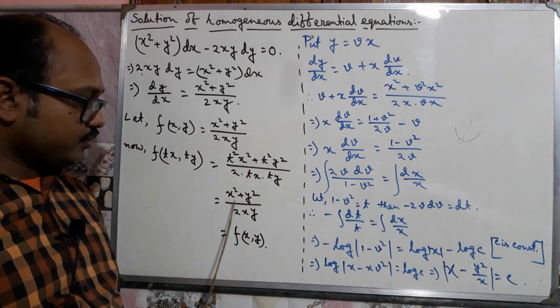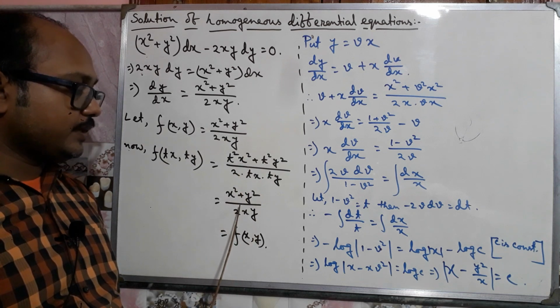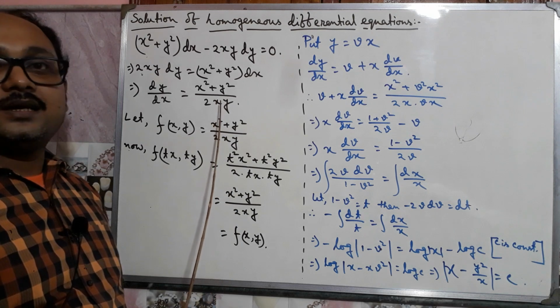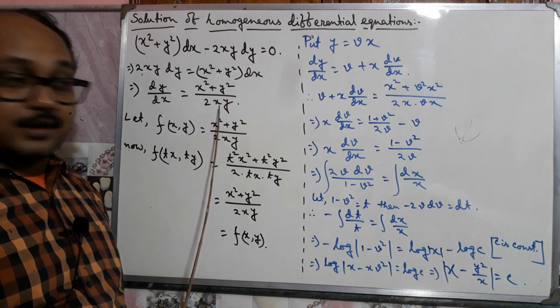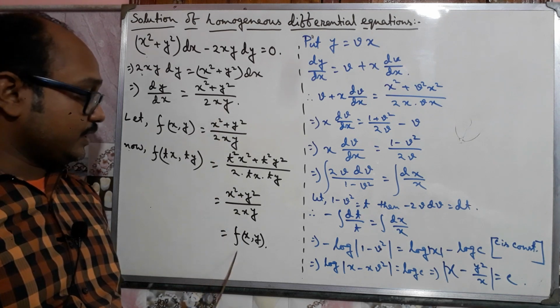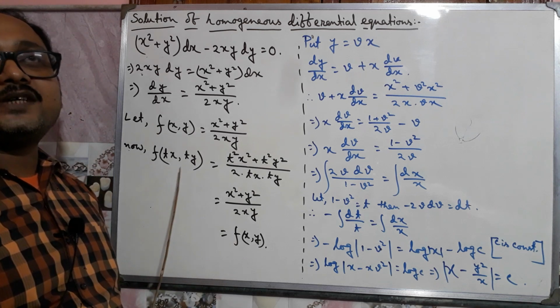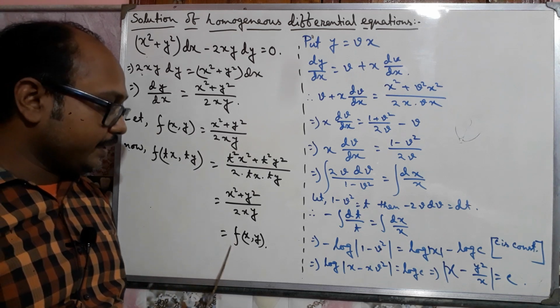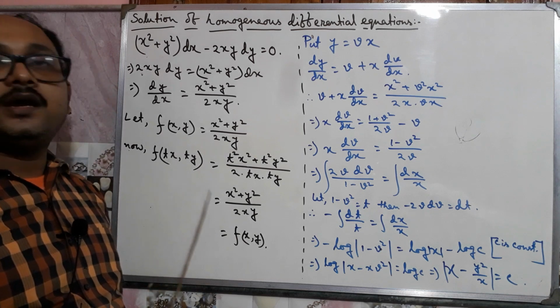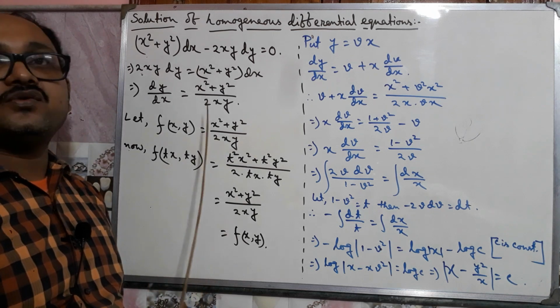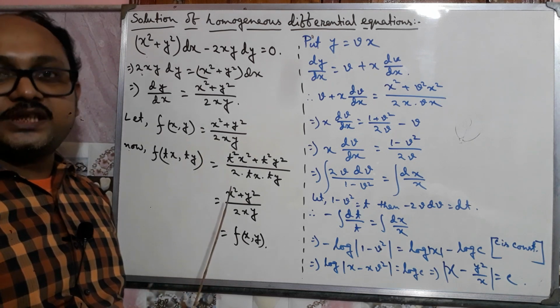By calculation, it will be (x square plus y square) by 2xy. That means, if f of tx comma ty is equal to f of x comma y, then the given equation will be known as homogeneous equation.